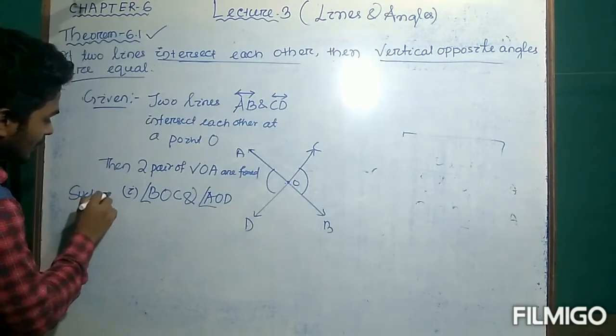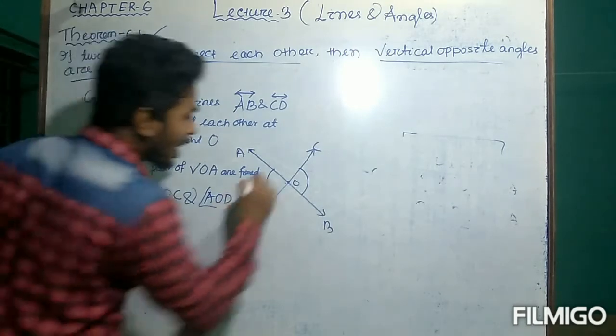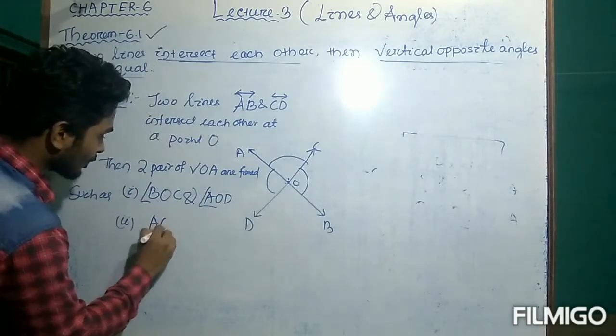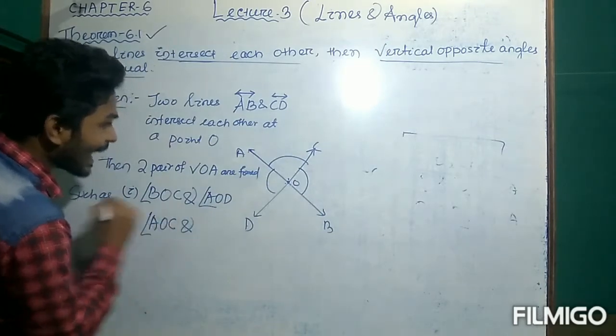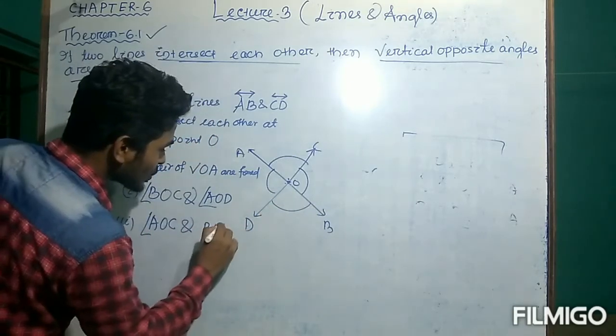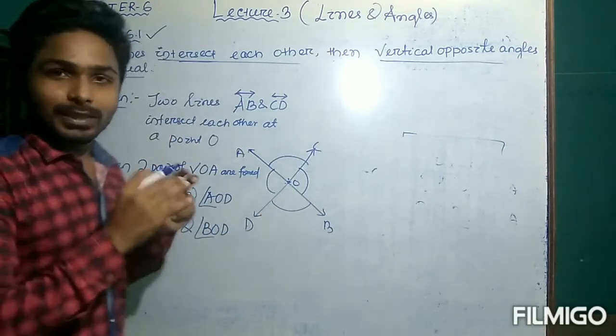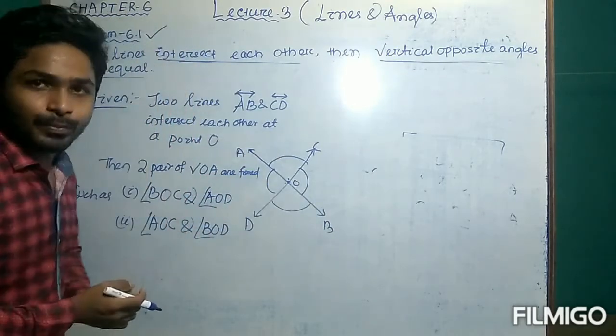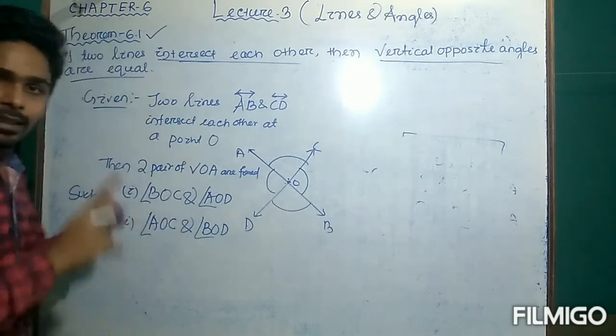Similarly, the other pair are AOC and BOD. So these two pairs are vertically opposite angles, and all these statements are given in the theorem. So first write what is given.